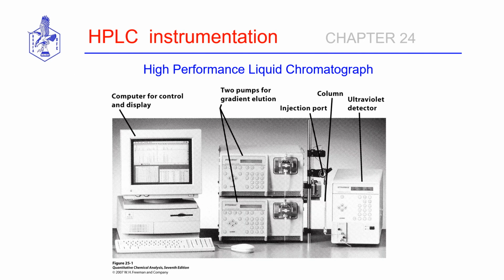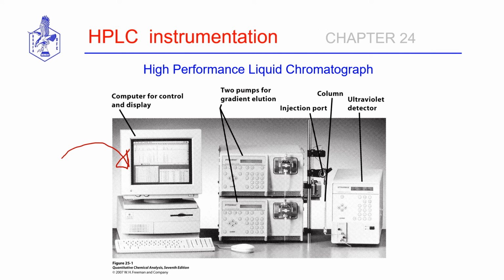To put things in perspective, let's take a look at an instrument that is used to carry out high-performance liquid chromatography. First and foremost, we must have a computer. We are going to have to control a lot of variables that will affect a successful separation.